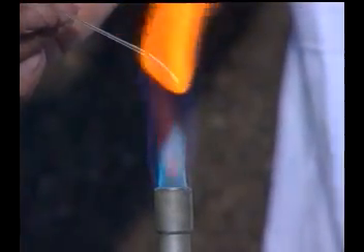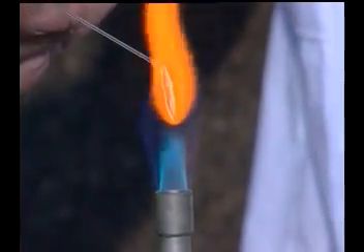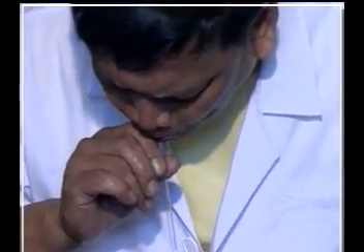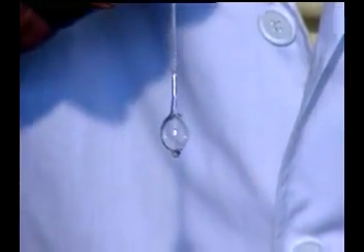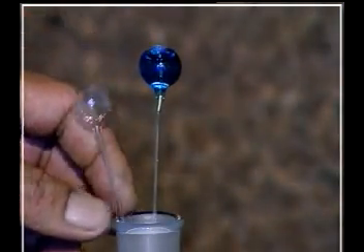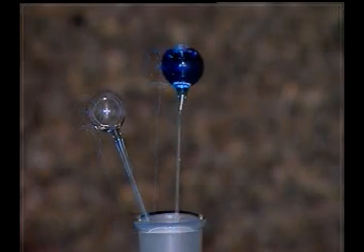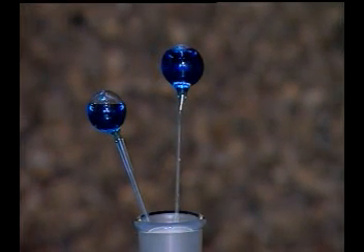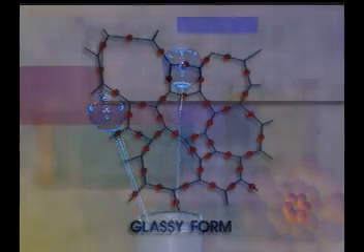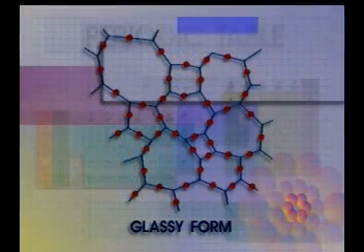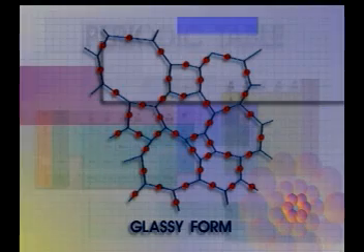When silica melts and hardens, it forms a glass. The atoms of this glass make up a disordered network.